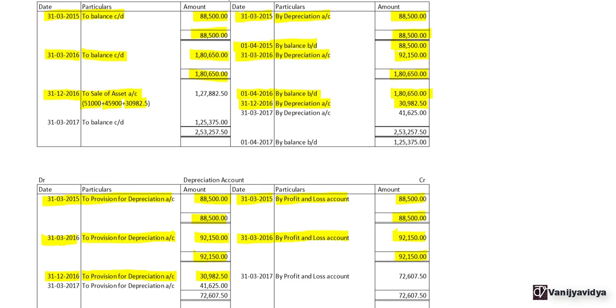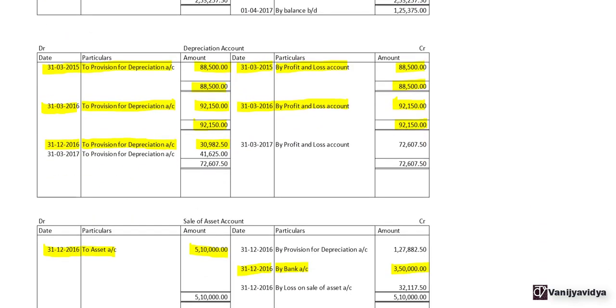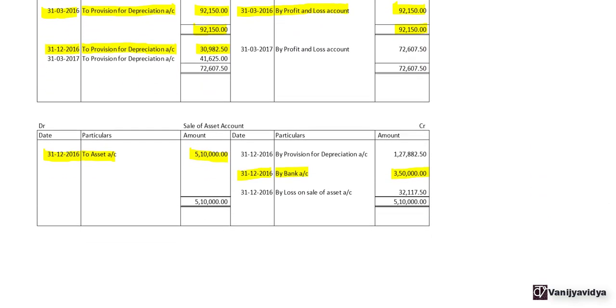We have recorded it here. So the total is 1,27,882.5. This is recorded on the credit side of the asset account on 31st December 2016 by provision for depreciation account 1,27,882.